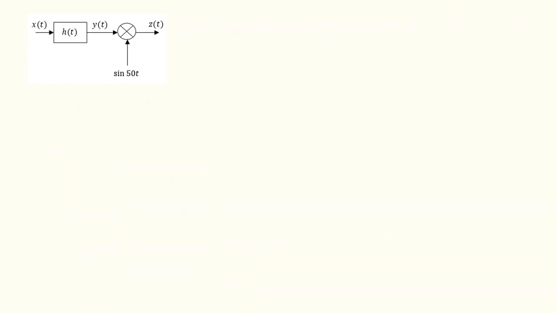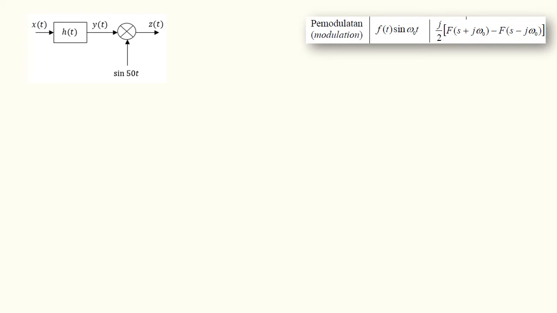Okay, from the third question just now, we haven't solved the Zs. So let's look at z(t) equal to y(t) multiplied with sine 50t. Again, refer to the table. You'll notice that it is a modulation process.